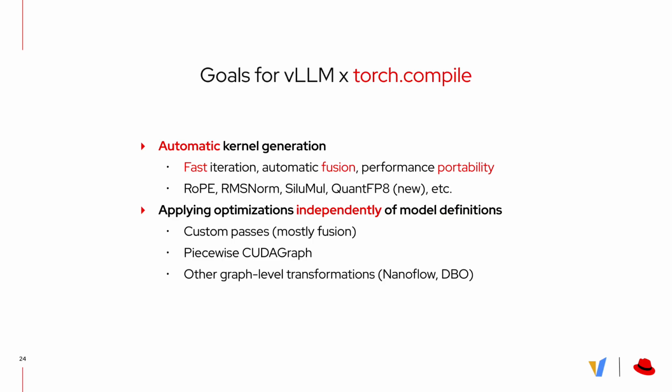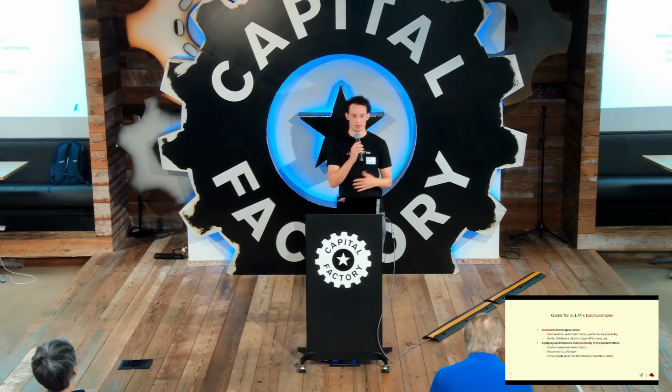The large goals that we have in our vLLM Torch.compile integration are, one, automatic kernel generation. What this lets us do is very fast iteration: new models, new features, new approaches. We get fast kernels at very little cost. We get automatic fusion across layers, and we get performance portability, right?